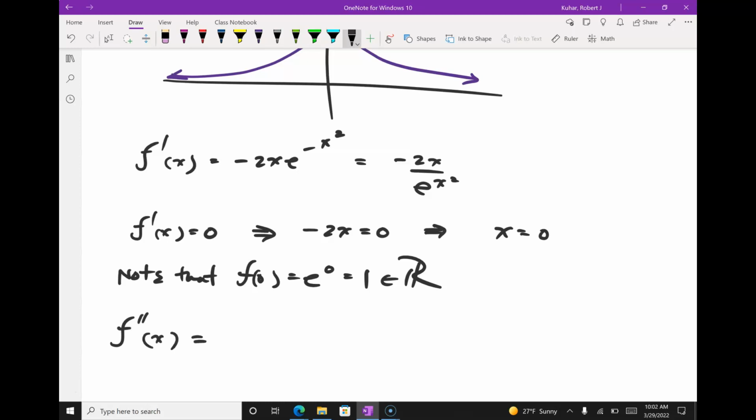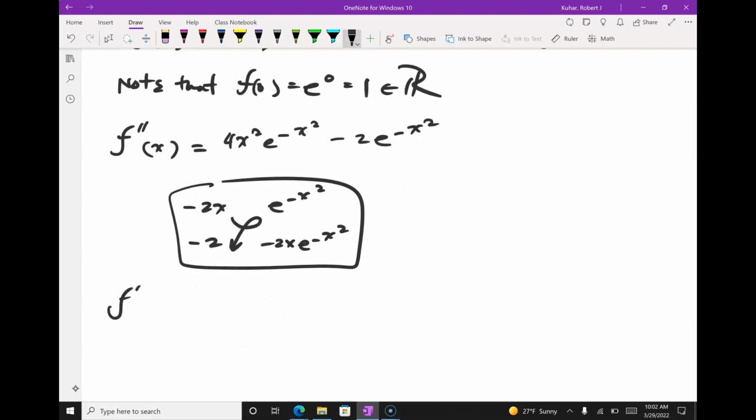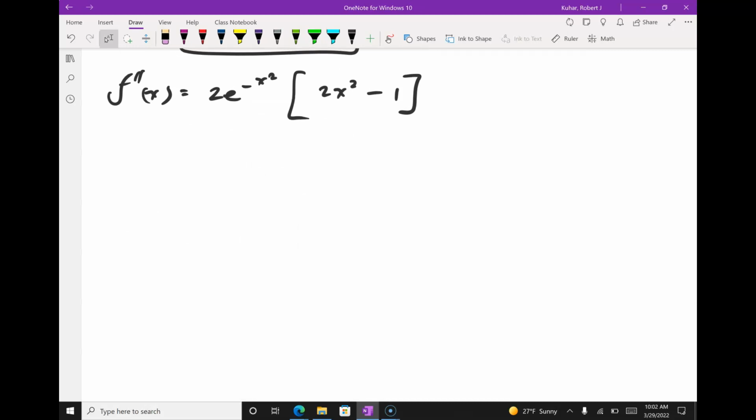So I'm doing a product rule here, right? Yeah, did you get something different?